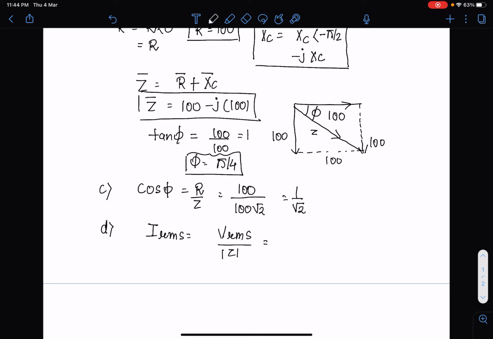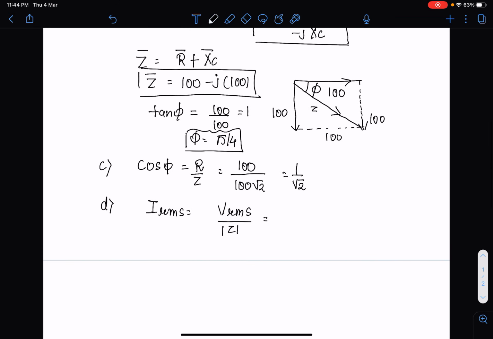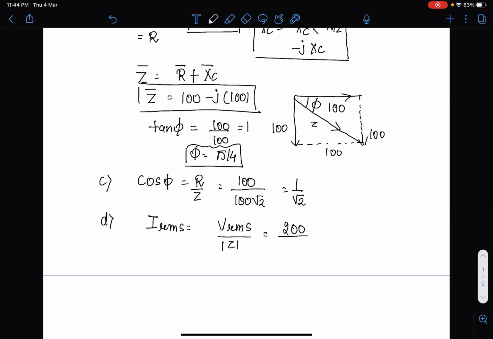I is equal to V/R लिखते हो ना, so potential difference divided by total resistance. सो total resistance इस AC circuit की जिसे हम impedance बोलते हैं। सो I_RMS हम लिखेंगे V_RMS divided by total impedance. सो V_RMS is already given in the problem, it is 200 volt. सो 200 divided by इस circuit की impedance, जो already हमने calculate किया है 100√2, right.